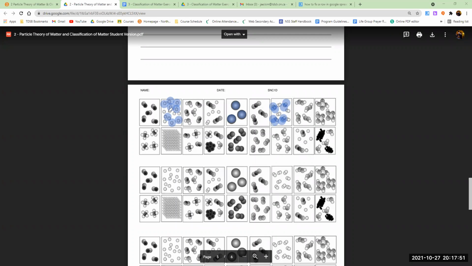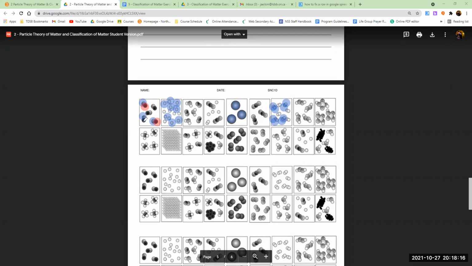So then what's a compound? As you can see in this picture, we have a lighter gray and a darker gray, so they are clearly two different types of spheres. However, these two types of spheres are paired up in a 1-to-1 ratio every single time.